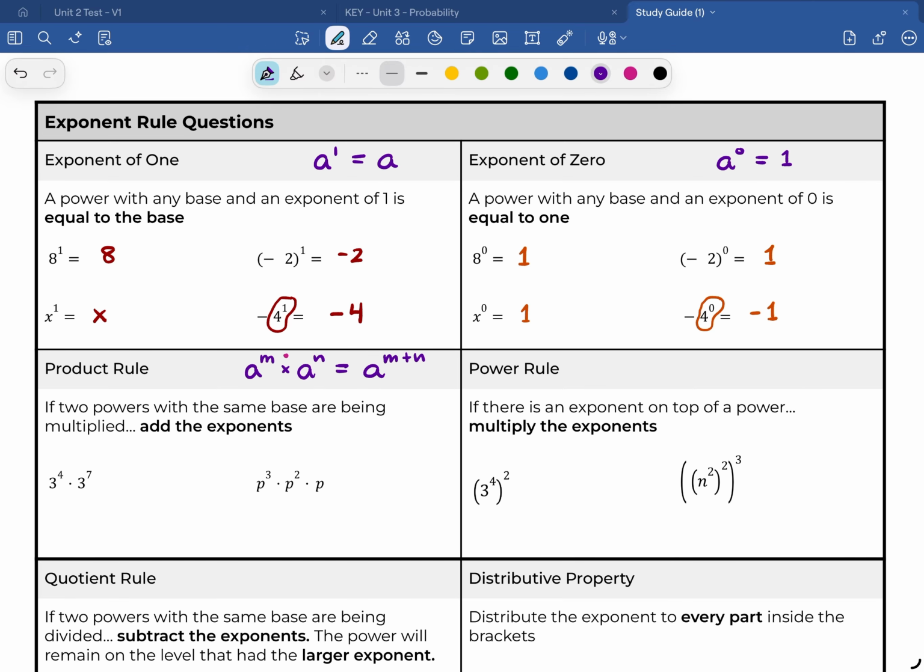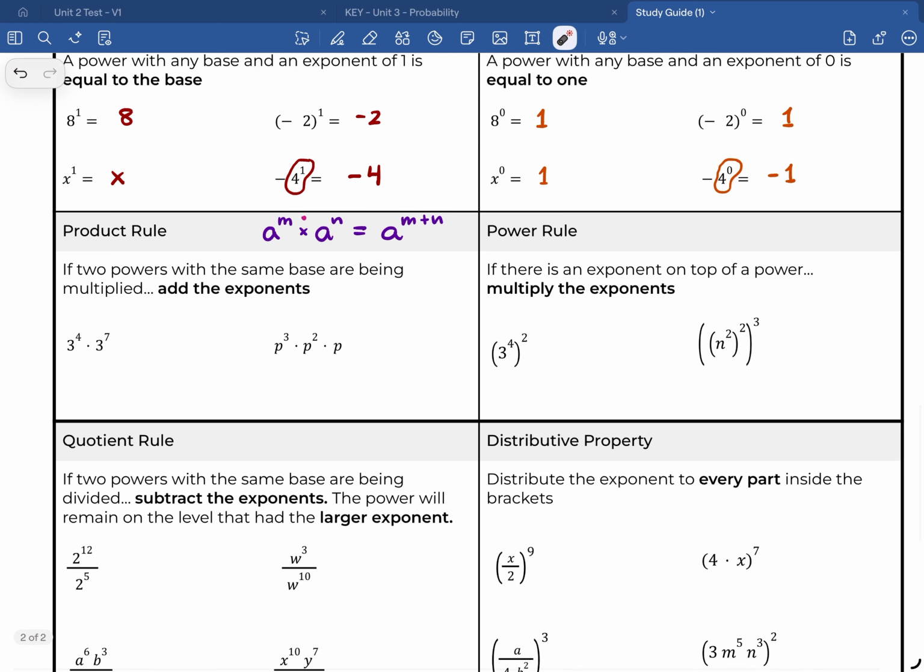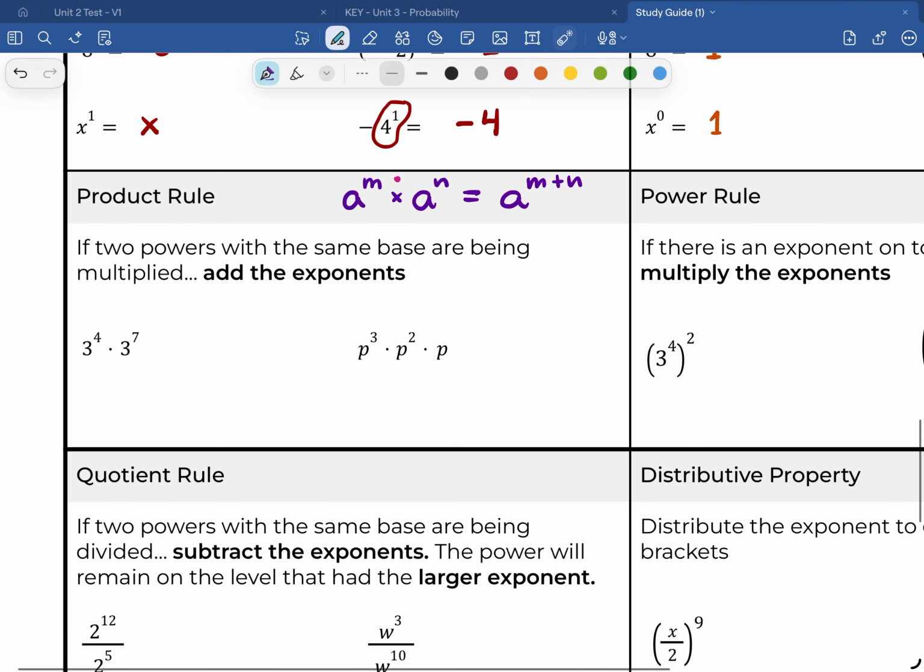And so we saw in our notes how this works when we expand it, so we kind of trust that the rule is valid. But it's just as easy as making sure that the bases match. So we have 3 and 3, and then we go, okay, then let's add the exponents. So 4 plus 7 will end up giving us the power 3 to the power of 11. So the base stays the same, the exponents add together.